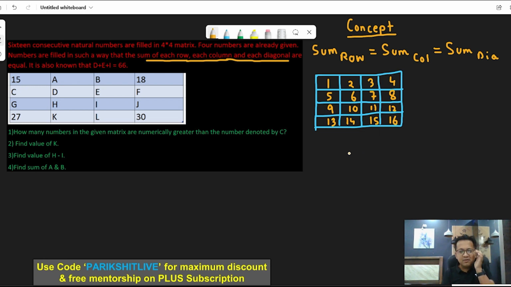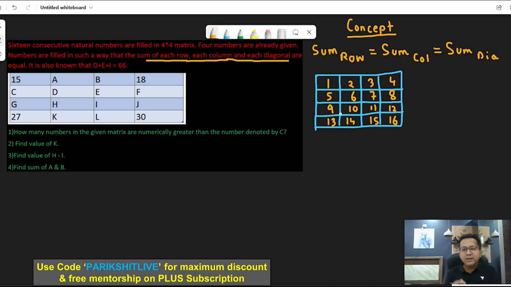So step 1, write down the 16 consecutive numbers. It could be 1 to 16, or it could even start from 101 to 116. Any 16 consecutive numbers can start from anywhere, that does not matter. I have taken the first 16 natural numbers.